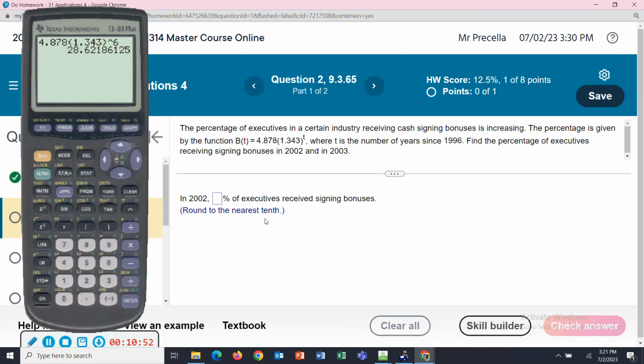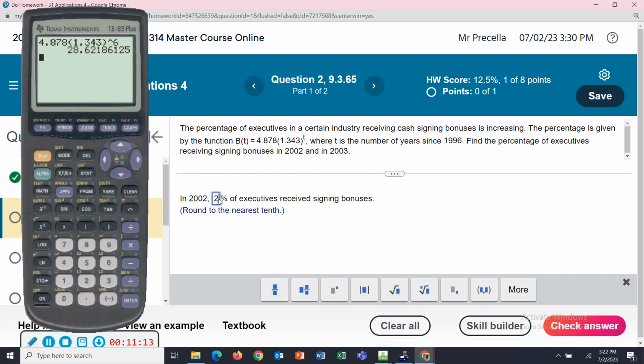Round to the nearest tenth. So that means one digit after the decimal point. Will I leave it 28.6 or make it 28.7? Well, the digit after the 6 is smaller than a 5. It's a 2, so that's going to mean just drop all of that and leave it as 28.6.